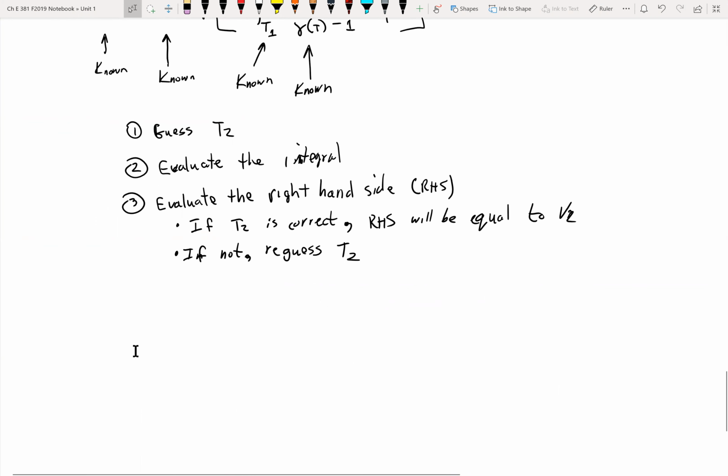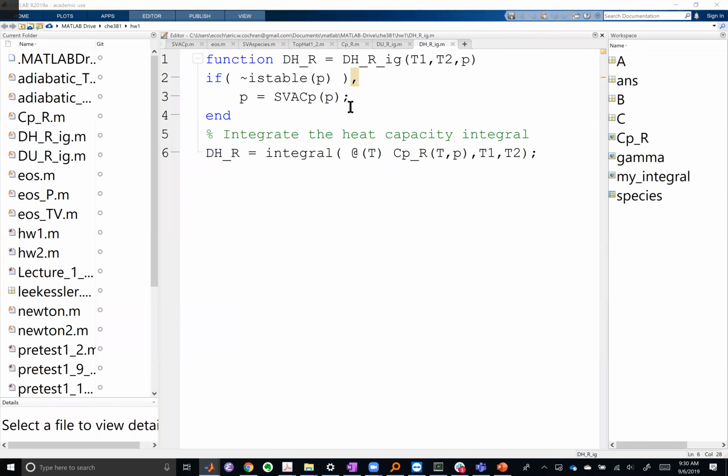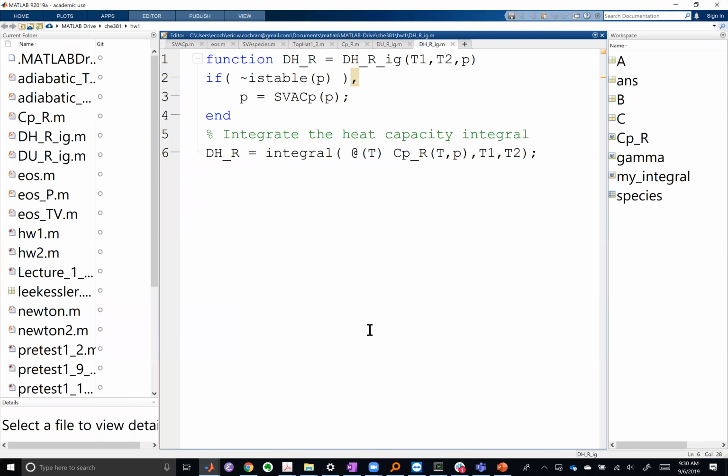All right, any questions about that? All right, and what I'll do here is I'll just copy and paste this code into an M file, and I'll plop it into the lecture notes folder, and you can look at it later.